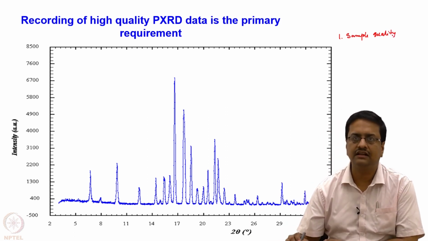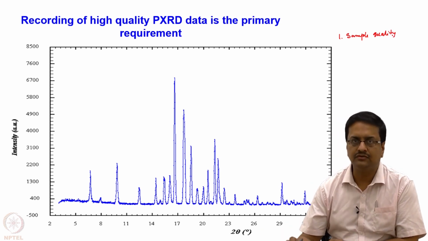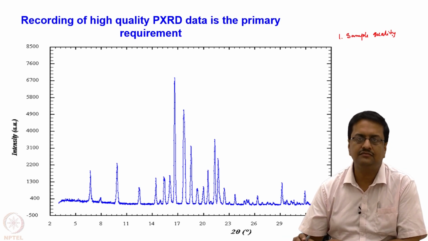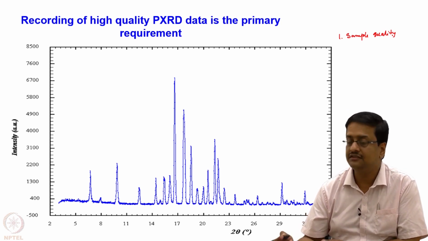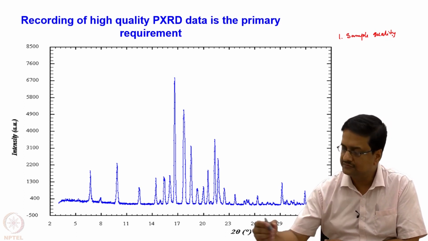For a powder diffraction data measurement, the sample must be finely powdered. It should not be wet or moisture sensitive, or it should not contain any moisture in it, so that it is a free flowing powder.